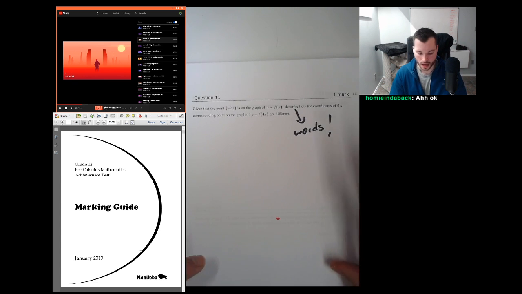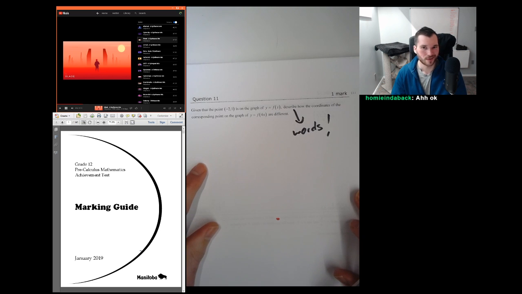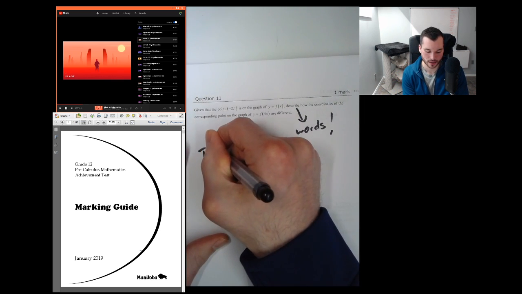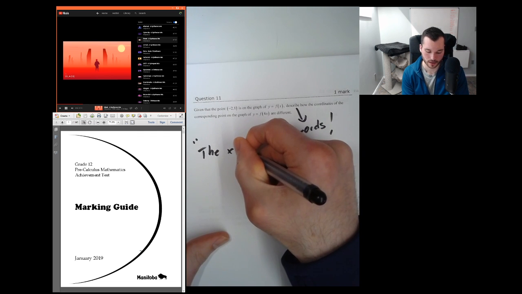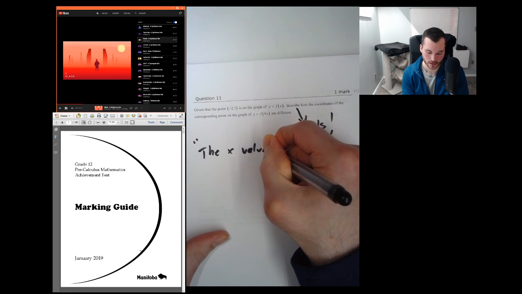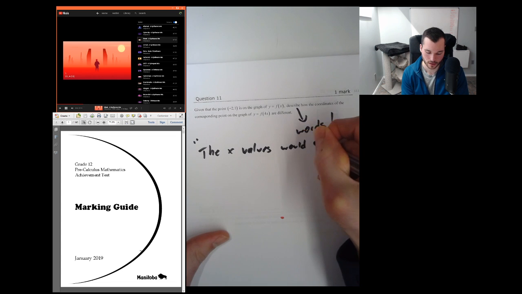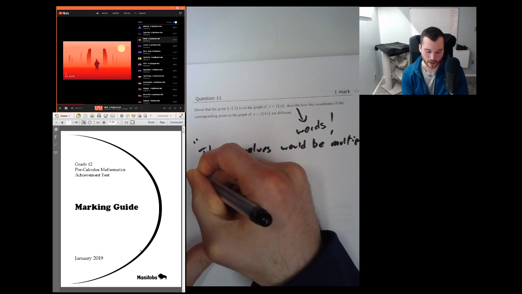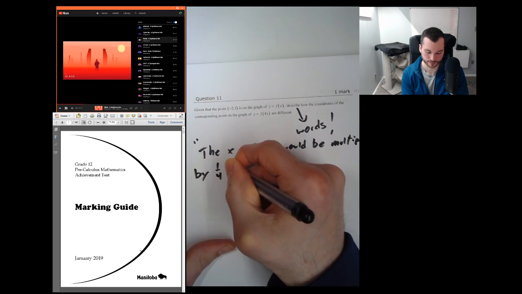Doesn't matter. You would have to describe how the corresponding point on this graph is different. You can do a lot of things for this. I think it would just be easier to say the x values would be multiplied by a quarter.